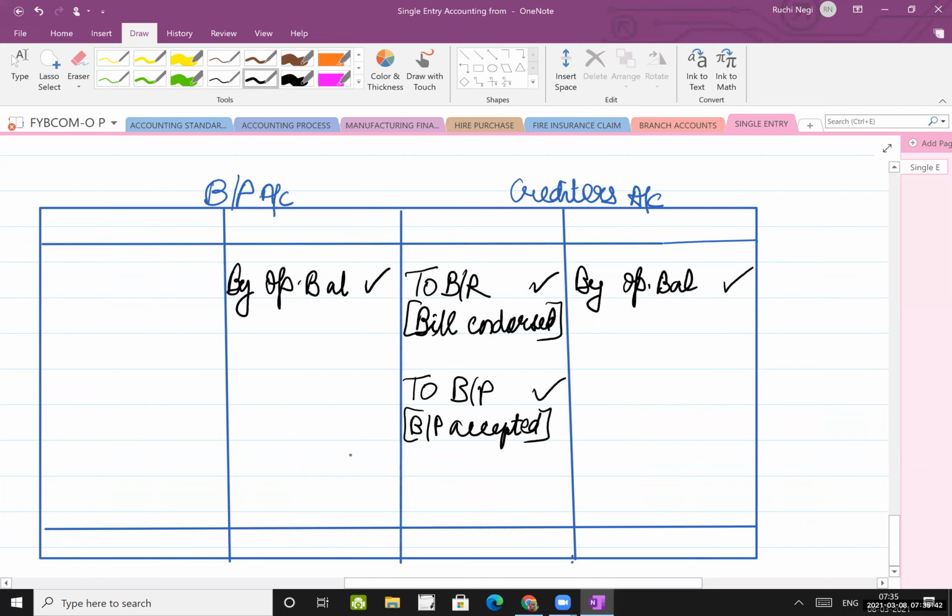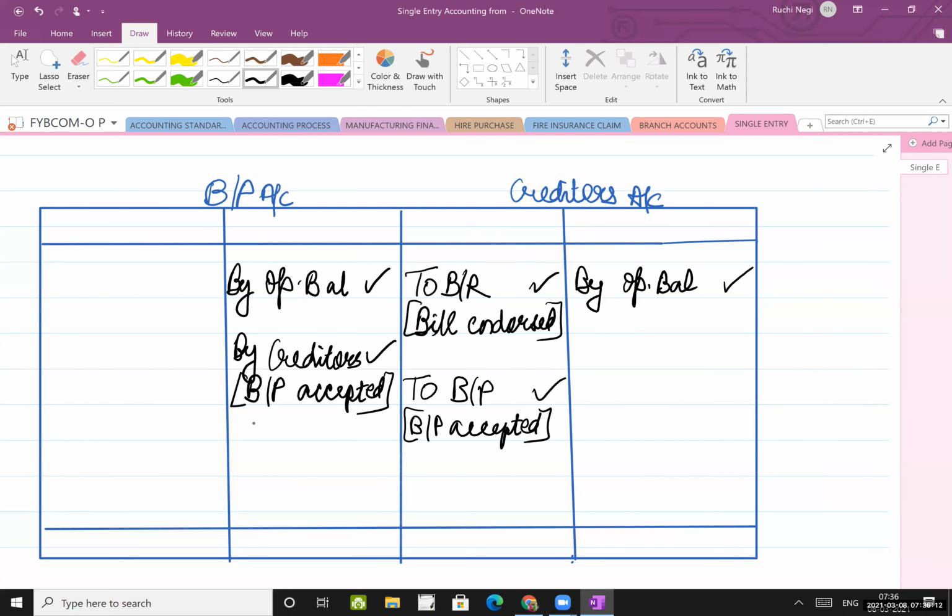Second effect, by creditors. Okay, bills payable accepted. Don't forget, we are converting single entry into double entry system of bookkeeping.